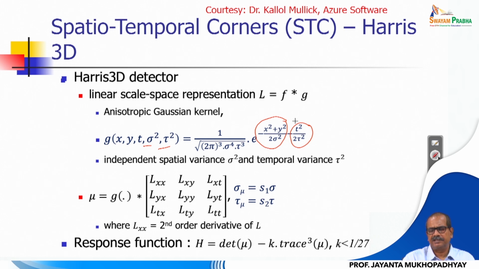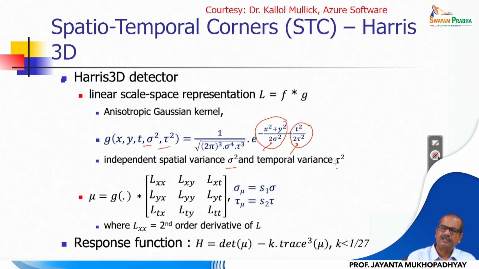So this is a Gaussian distribution over space and a distribution over time, and that is why it is called anisotropic, because these two are not the same. It has an independent spatial variance of sigma square, and these two are independent of each other.